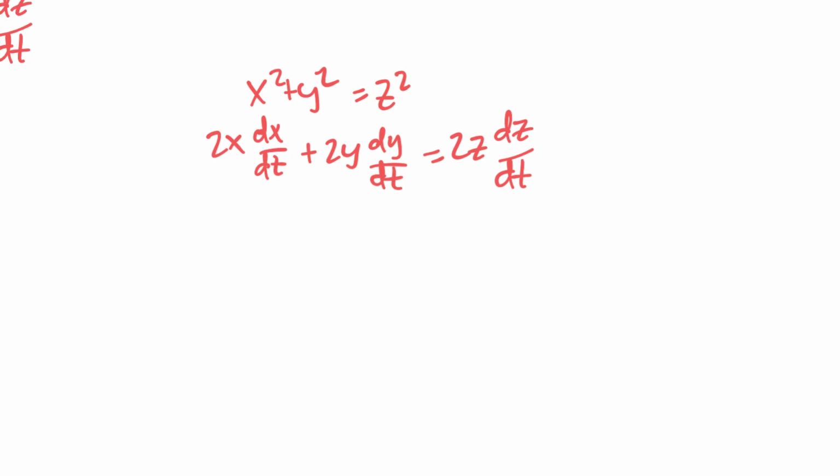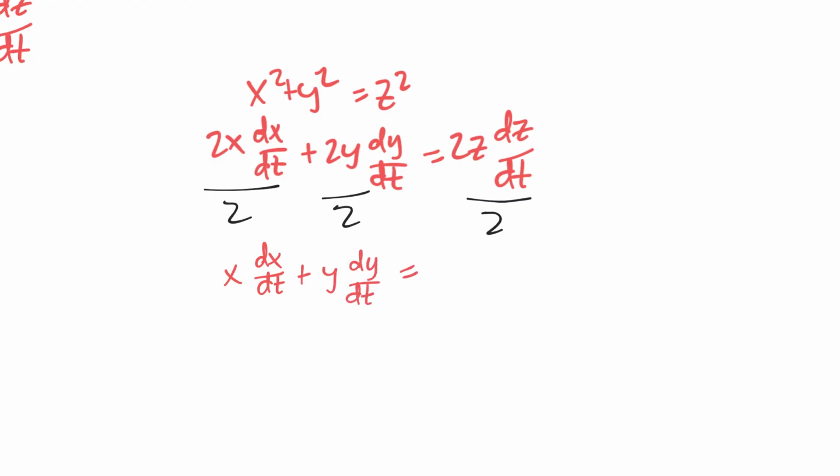How about we just divide by 2, right? If I divide by 2, divide by 2, divide by 2, I then have x dx/dt plus y dy/dt equals z dz/dt. Okay, so that's cleaning things up a little bit.